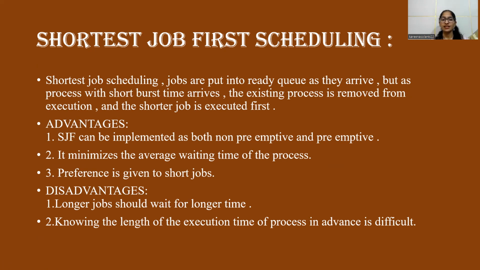The advantages: SJF can be implemented as both non-preemptive and preemptive. It minimizes the average waiting time of the processes, and preference is given to the shorter jobs. The disadvantages: longer jobs have to wait for a longer time, and knowing the length of the execution time of a process in advance is difficult.